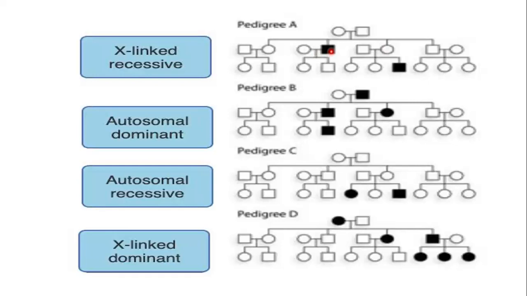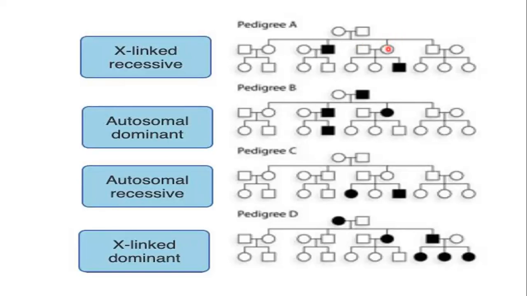So it means as the father is affected with an X-linked recessive disorder, he passes his recessive copy to his daughter, but the daughter received a normal copy from the mother. So that's why the daughter is basically a carrier, but a carrier person is phenotypically normal.